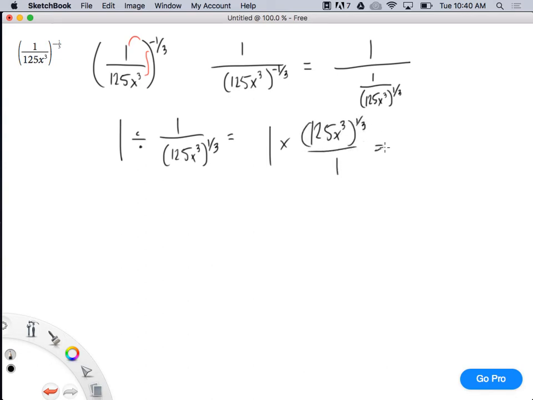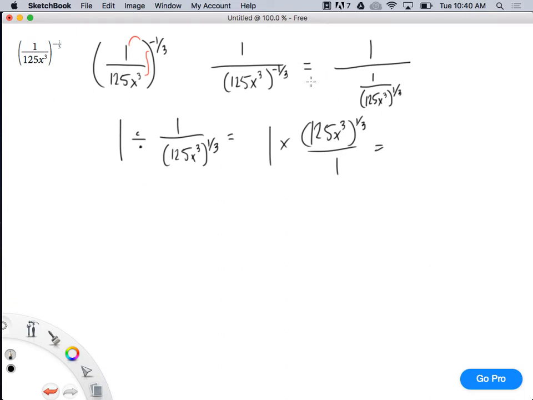You don't have to write out all these steps. Guys, honestly, if you have 1 divided by a fraction, you just flip the fraction. This is 1 divided by this fraction, just another way of writing it.